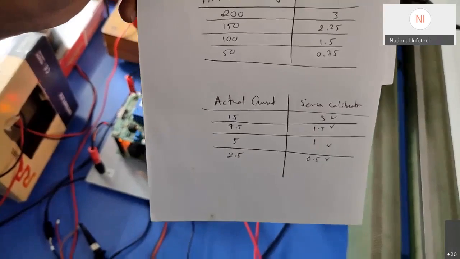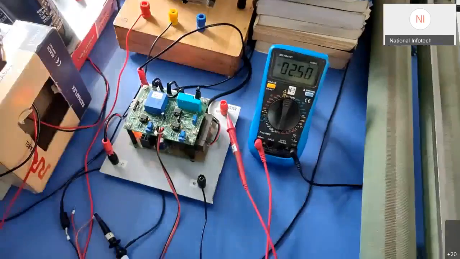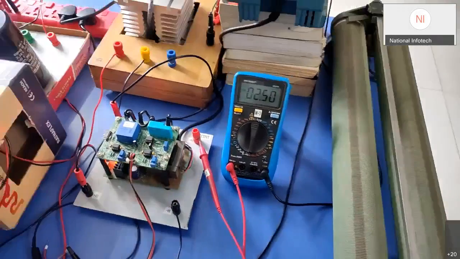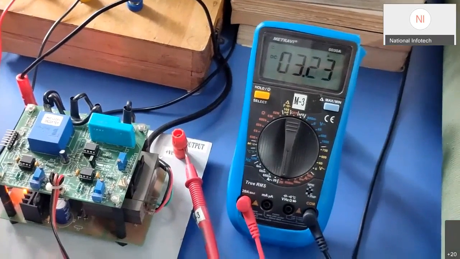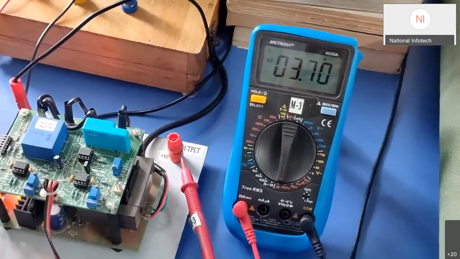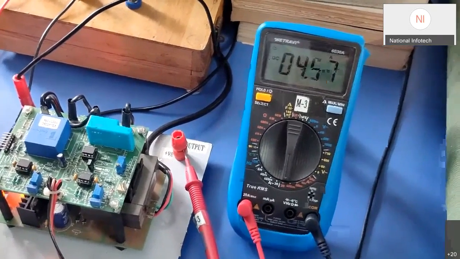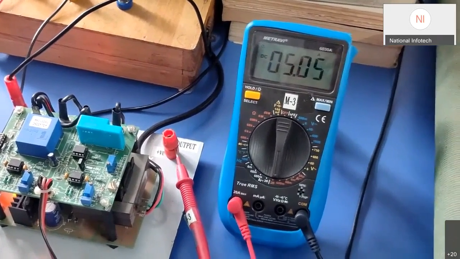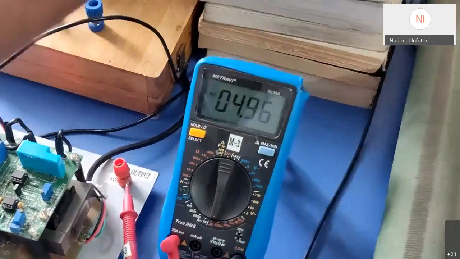At the 5 ampere, it should give us the 1 volt output. So now I'll increase this 2.5 ampere to 5 ampere. We'll quickly observe it on the DSO that it should be giving us the 1 volt.